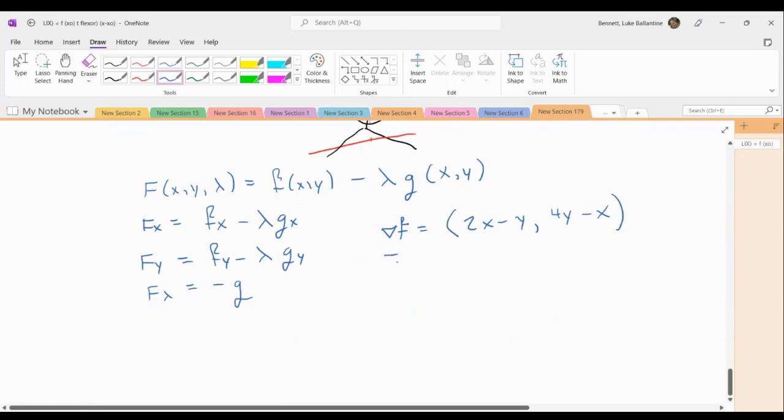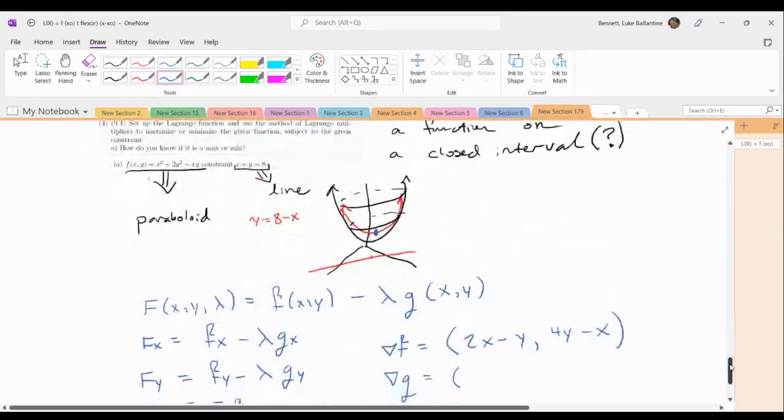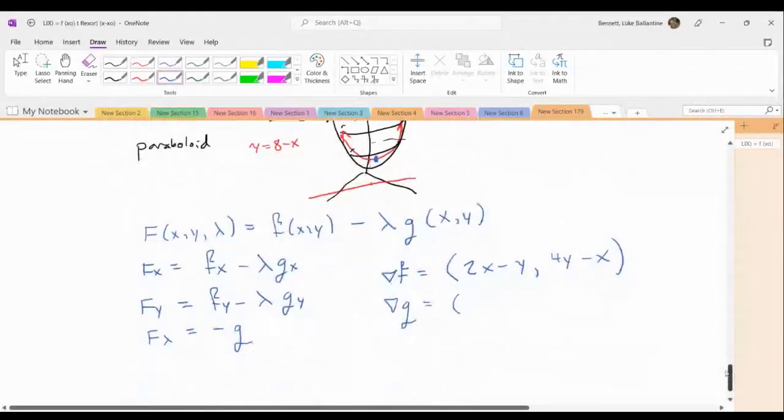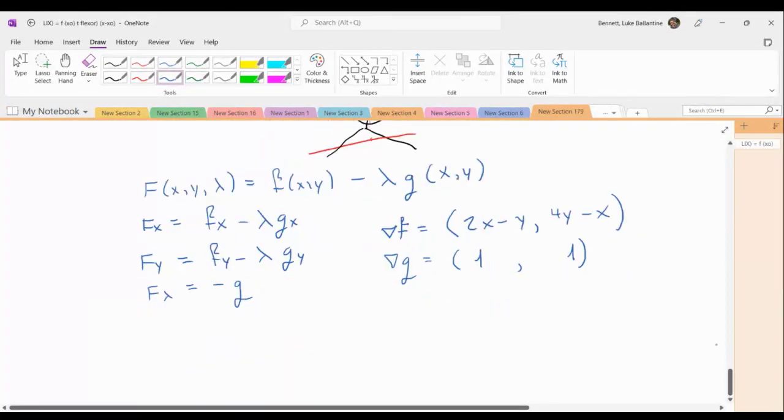Gradient g, well, g is just x plus y equals 8, in some sense. So this is just 1 and 1. We'll call this equation 1, we'll call this equation 2, we'll call this equation 3.